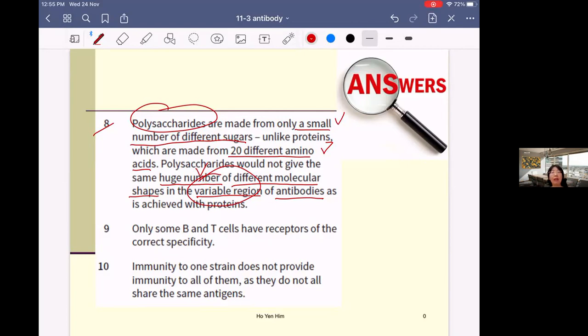And whatever antigens you're exposed to, your body must be able to produce antibody against them. So it must be able to produce all sorts of antibodies, millions of different kinds of antibodies. Therefore, it must have many different amino acids, so that it can give you all sorts of different primary, secondary, tertiary and quaternary structures. So this is a very good answer here. All the keywords are here.